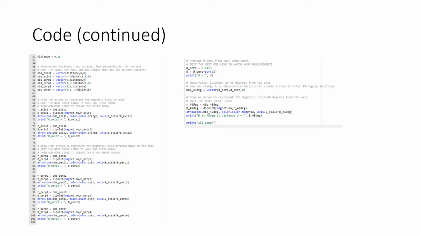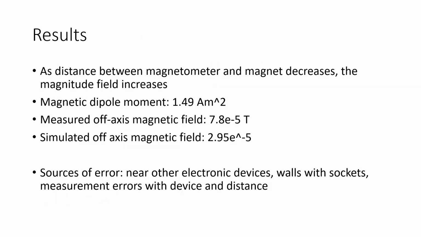And for this code, we have the observation of the axes and the perpendicular directions, and basically this is the code used to find the magnetic field at each point from the observed point and the direction of each of them, which gives us this. And the results: as the distance between the magnetometer and magnet decreases, the magnetic field increases.